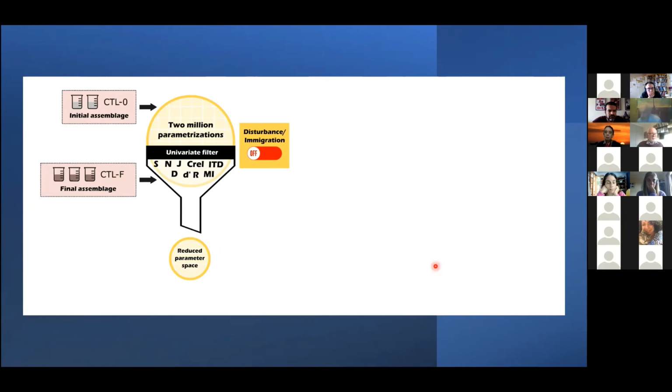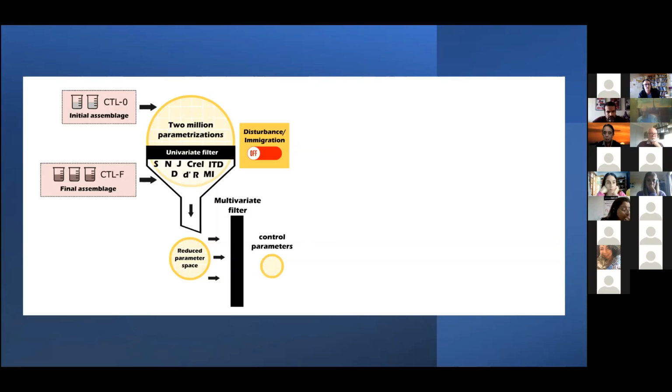We defined the 25th and 75th percentiles of the observed patterns as limits to define a match between simulations and control microcosms. After that we used a multivariate filter, selecting parameter sets using an MDS. So we select parameterizations that produce communities with the same multivariate structure of the control.